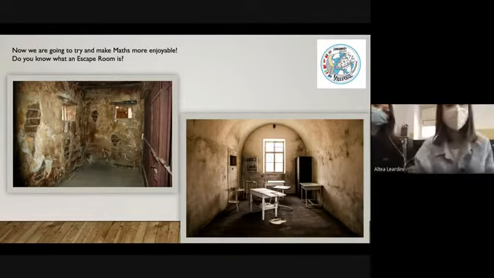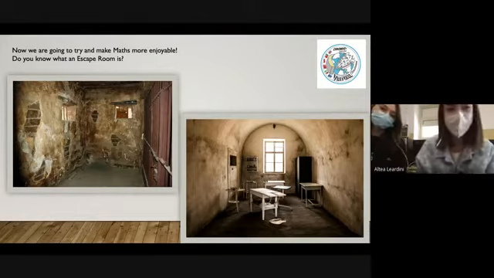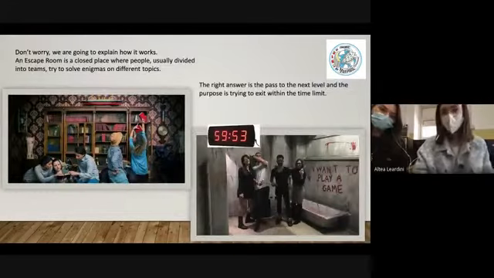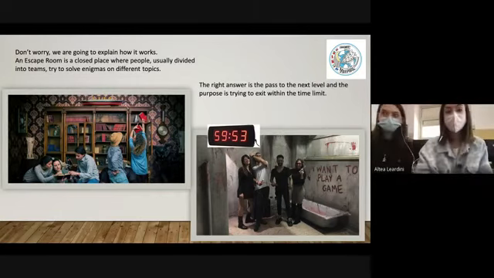Okay, let's go. So now we are going to try and make maths more enjoyable. Do you know what an escape room is? Don't worry, we are going to explain how it works. An escape room is a closed place where people, usually divided into teams, try to solve enigmas on different topics.